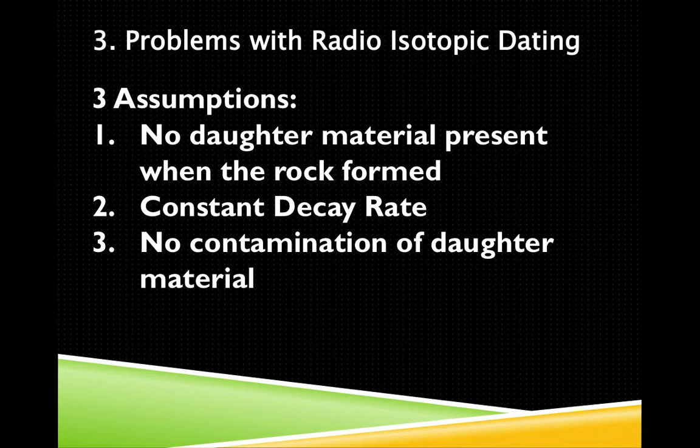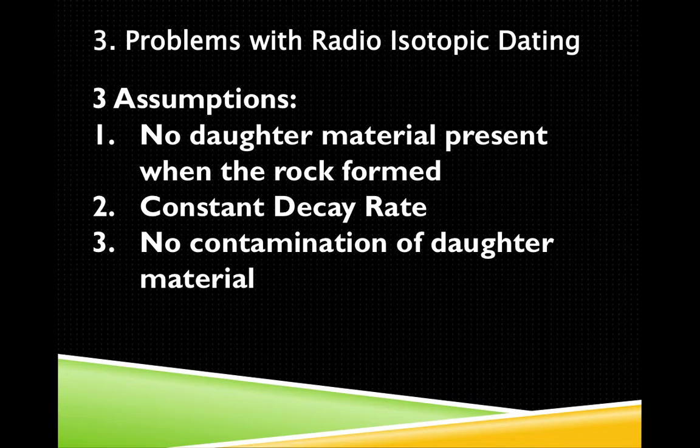The problem is that we have seen evidence that all three of these assumptions may be incorrect. I'm not saying it's definite that they're incorrect, but there's definitely some evidence that suggests that all three of these are incorrect. And like I said, if just one is incorrect, then radioisotope dating just doesn't work.